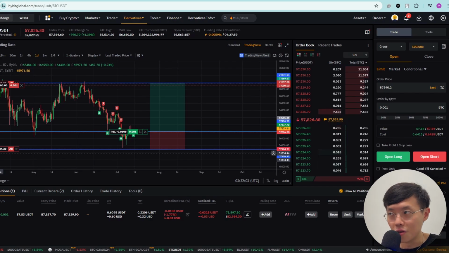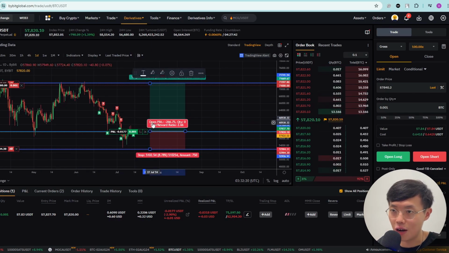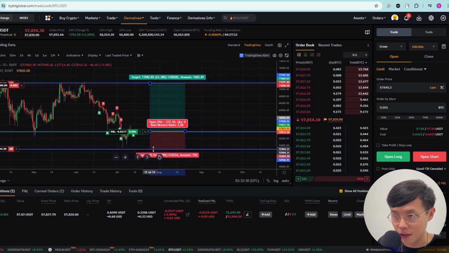So this is how you use cross margin and leverage to trade. Every time you trade, you only lose 5% of your account. That's your risk management and your risk reward ratio management. It depends on how you want to trade. If you want a higher risk reward ratio, you can adjust it here.